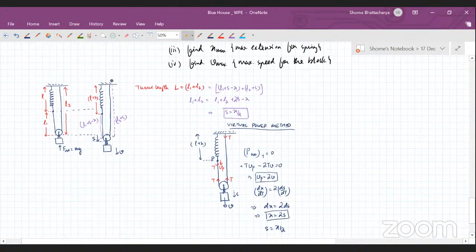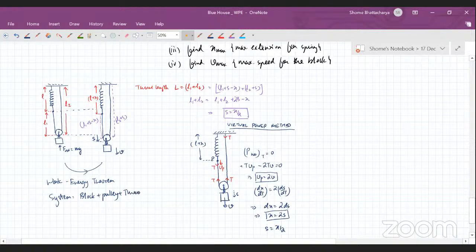Now let us apply work energy also. From here to here, let us apply the work energy theorem. Taking our system as the block plus pulley plus thread plus the spring plus gravity.